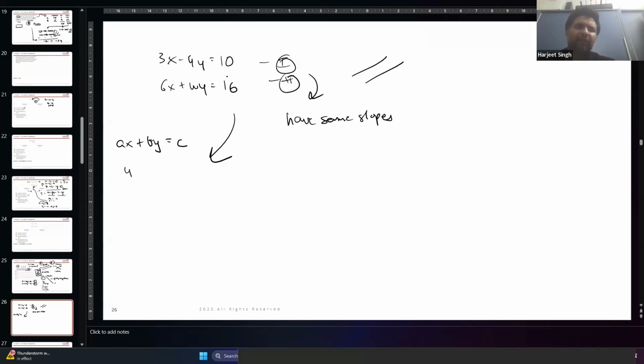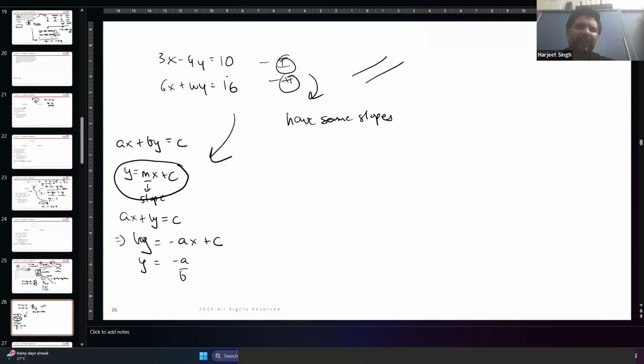So can I say y equal to mx plus c is the generic equation where m is the slope, correct? So when I have ax plus by equal to c, can I write that in the form of y equal to mx plus c? Yes. So by equal to minus ax plus c. So y equal to minus a by b x plus c by b.